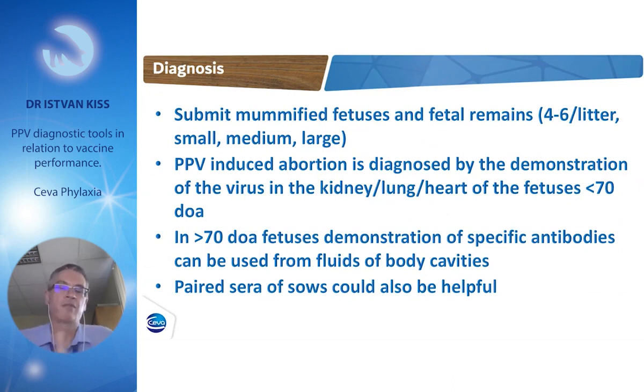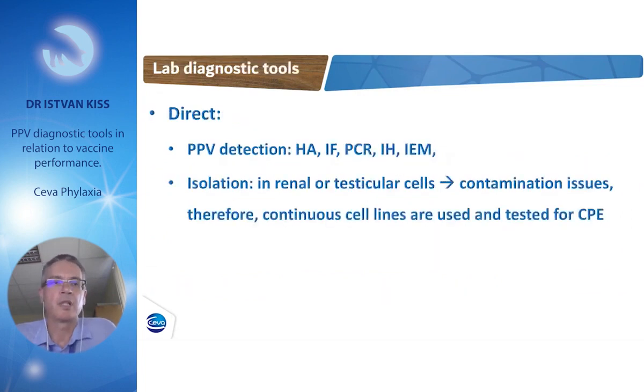It is good to have, if there are, the range of fetuses from small to medium to large, and this is especially before 70 days of pregnancy. After that, one can go even for antibody detection from the body cavities, and even paired serum can be submitted to the lab.